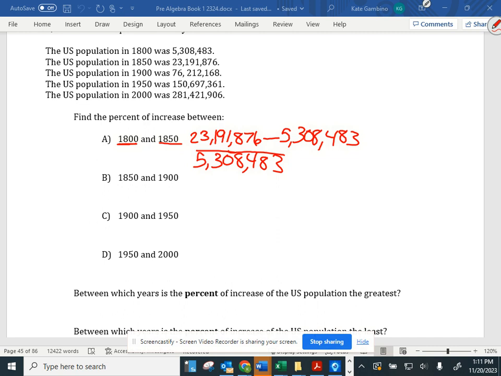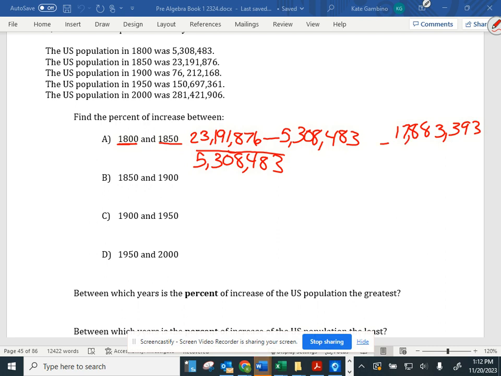So that is not what I have written down. So if we have 23,191,876 minus 5,308,483, I get 17,883,393.